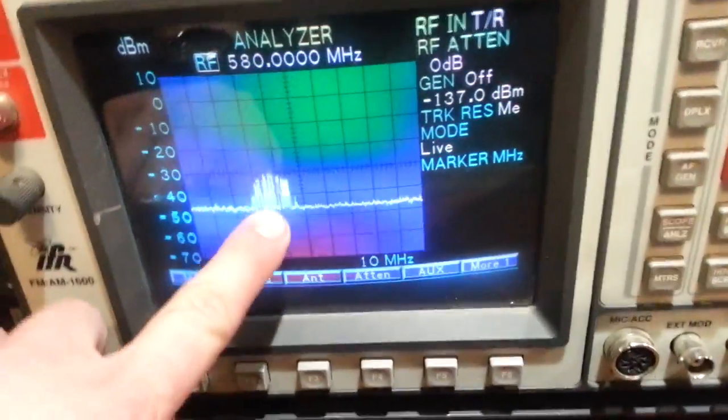So that signal is going to cause what's called receiver desensitization. What that means is there is so much strong signal right near the same channel, and also on the same frequency band that your receiver's on, that it's going to cause it issues.